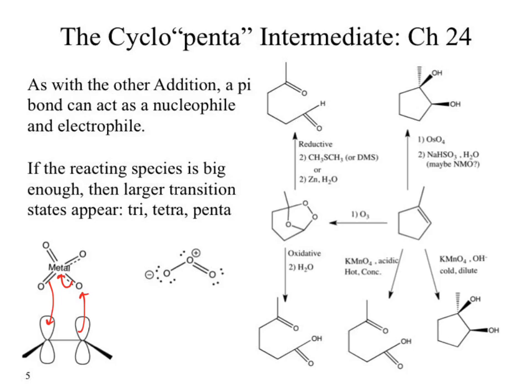If we switch to ozone, what happens in the case of the ozone? Well, the electrons go out to our oxygen. We get, for all intents and purposes, the exact same mechanism, whether we're using the metal oxide or ozone.